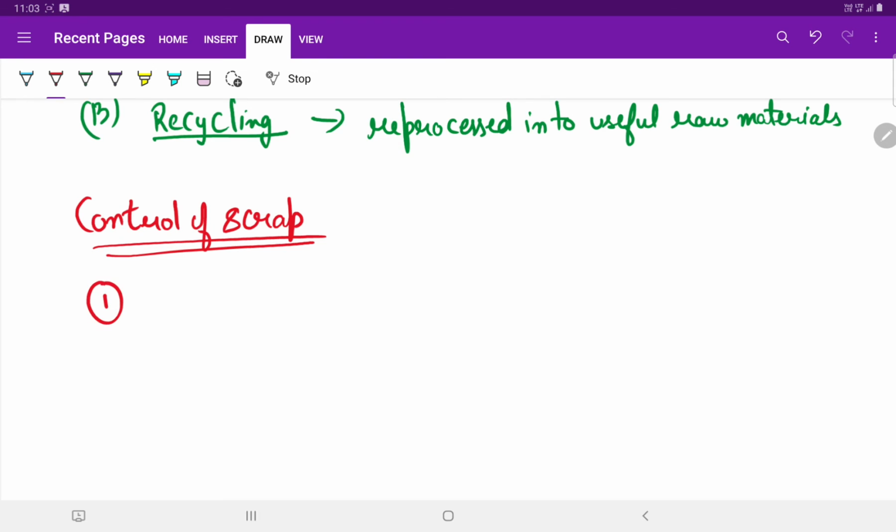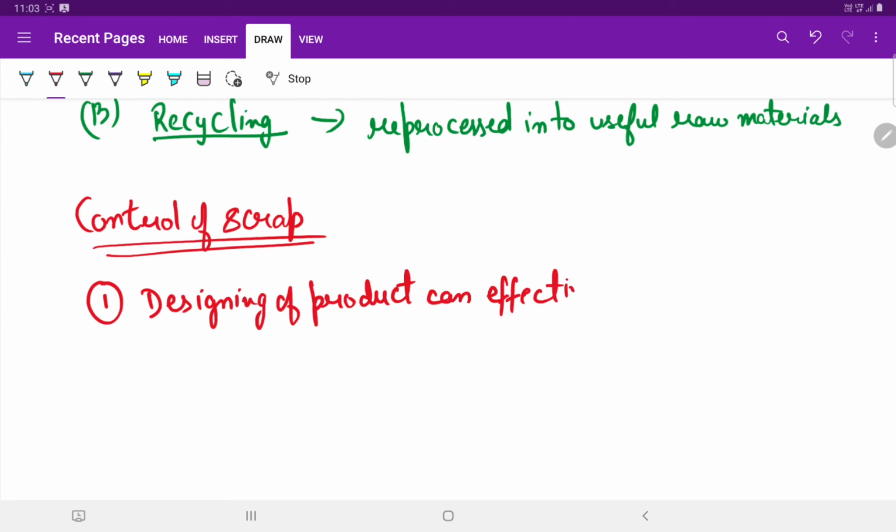Number one is by providing proper attention during the designing stage of the product. First of all, the designing of the product can effectively reduce scrap.